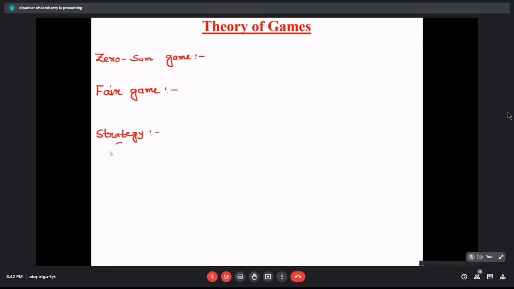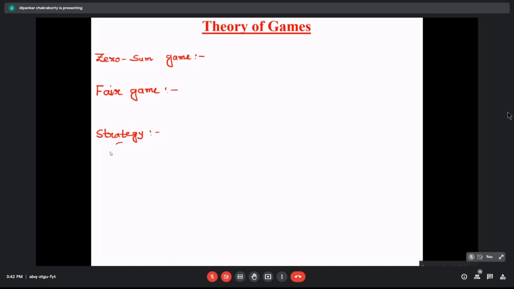Like that, you may think about when a cricket match is going on. I'm not talking about the theory of games right now, just about what strategy means. You may think about whether, if you toss a coin, you are going to bat or bowl, what players you are going to choose to play that game, how many specialist batsmen you are going to choose, how many specialist bowlers, or how many all-rounders.